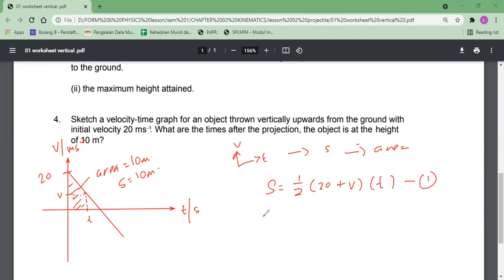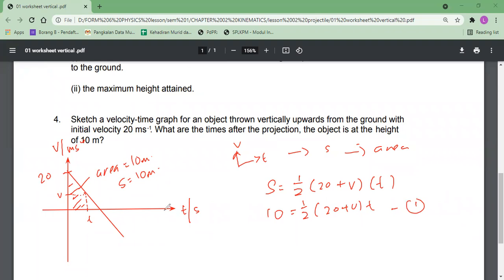So from here I can set 10 equal to 1 over 2 times 20 plus v, times t. This is equation 1.